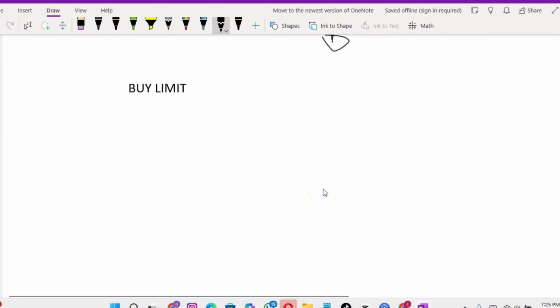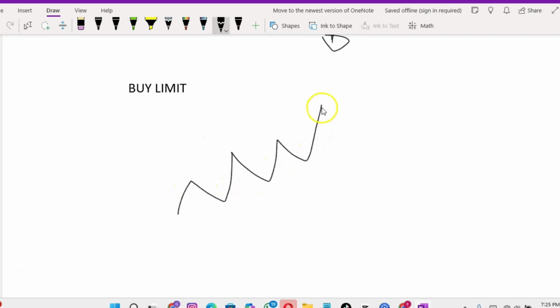A buy limit is a pending order that allows you to buy a currency pair below your current market price. Let's say you want to get into the market, but you don't want to get in at this current market price.